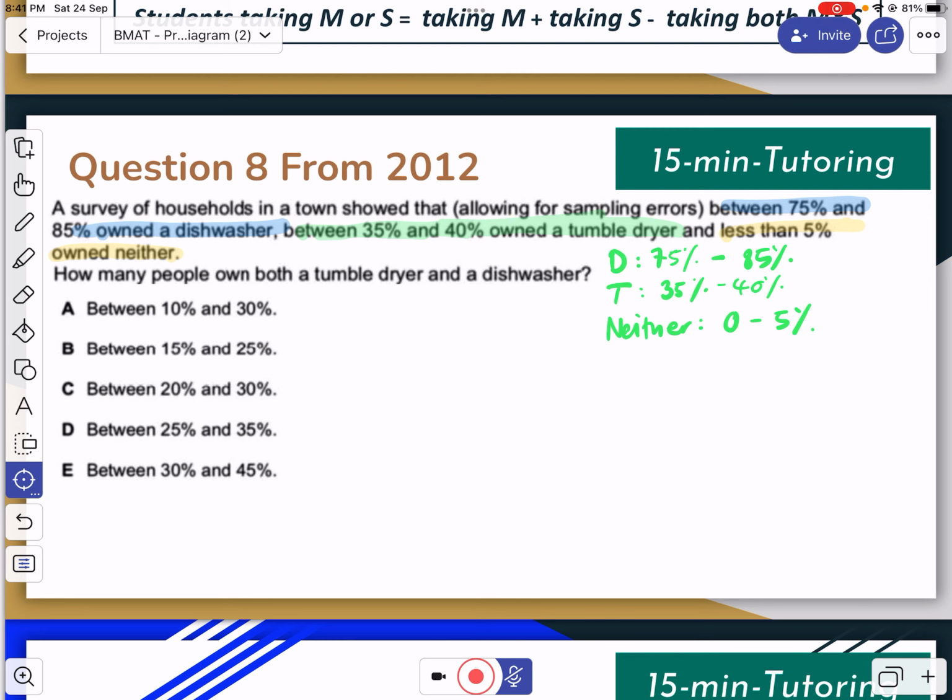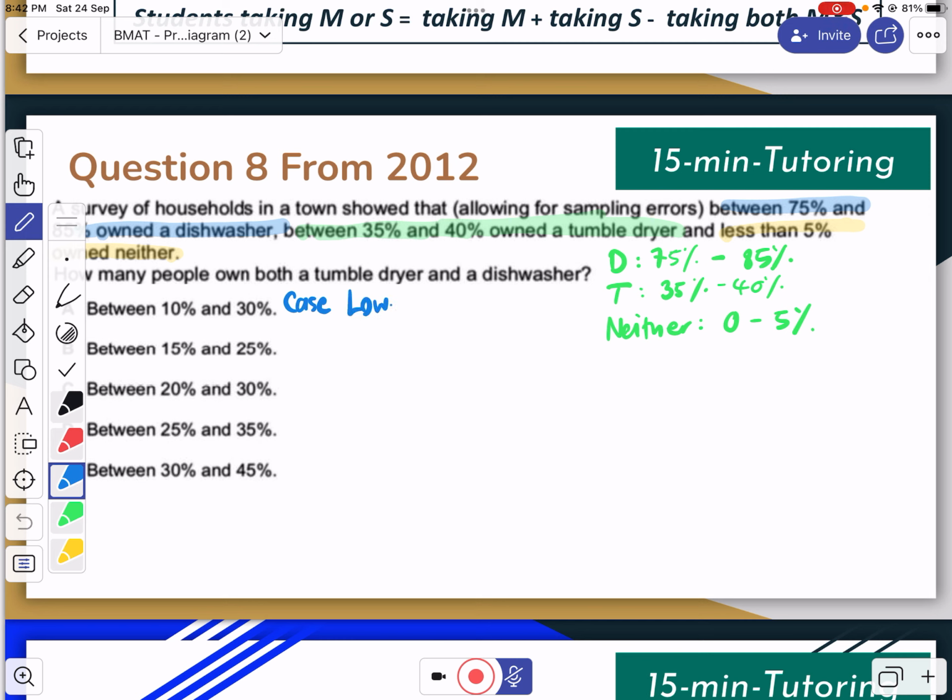So there will be two cases, and in each case, we will be selecting an appropriate number to be used. So case 1, lower bound. The lower bound will be the smallest number of people who own both appliances.